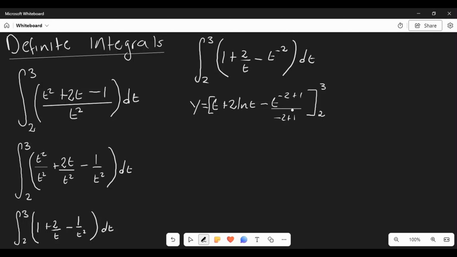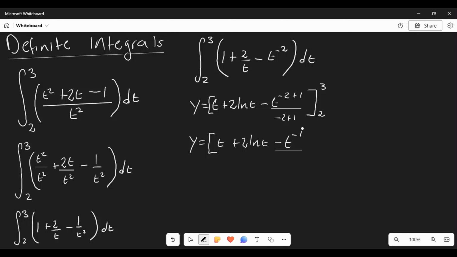Now let's continue. Let's simplify this one further. I know it might take us time, but we need to make sure that everything is visible here. We can see what is t to the power of -2 plus 1. So -2 plus 1 is going to be t to the power of -1.